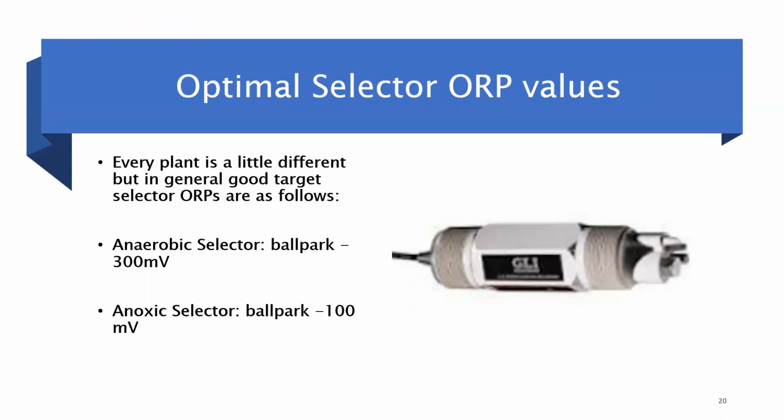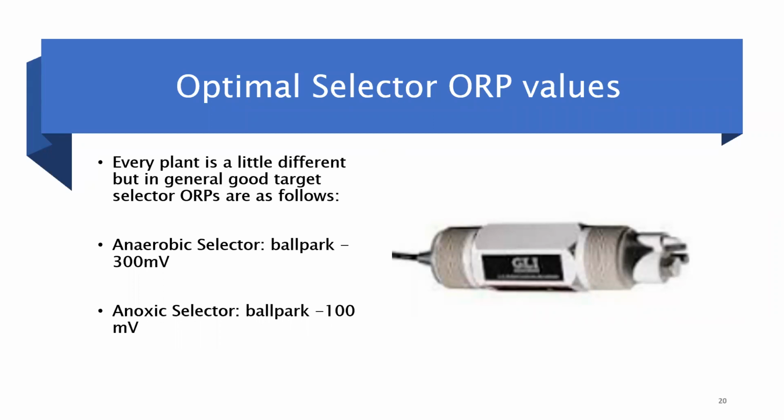So monitoring the ORP value in the selector zones is probably our best tool in terms of getting the right conditions, because if we have too much food in the selector, we can have food passing through, and that can cause trouble and bacteria growth that we don't want.